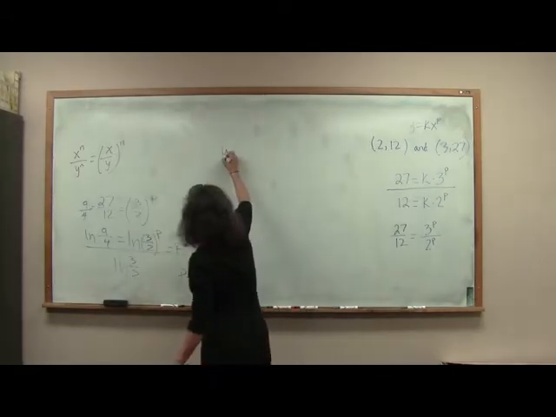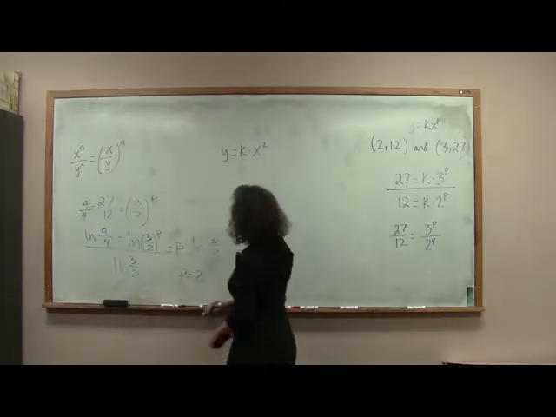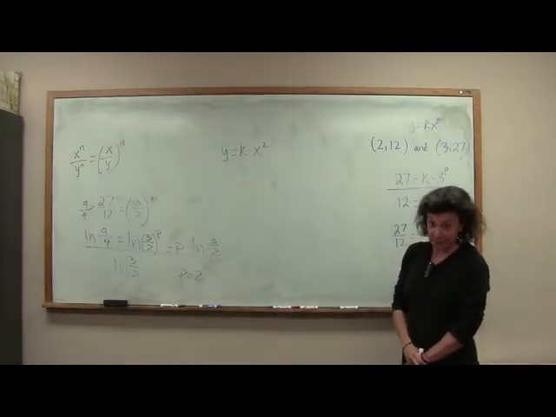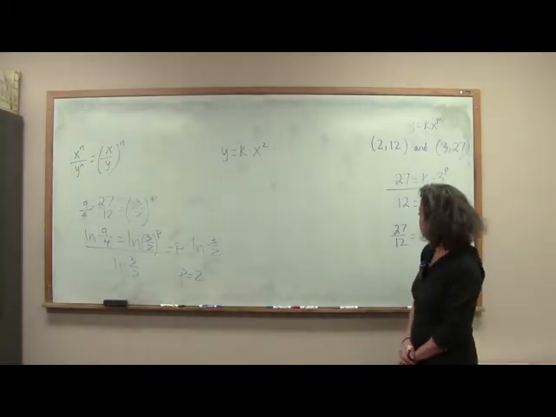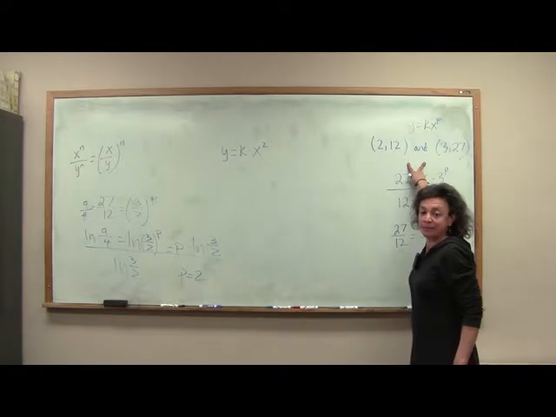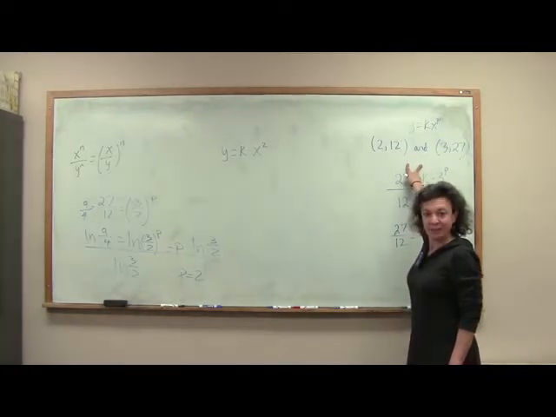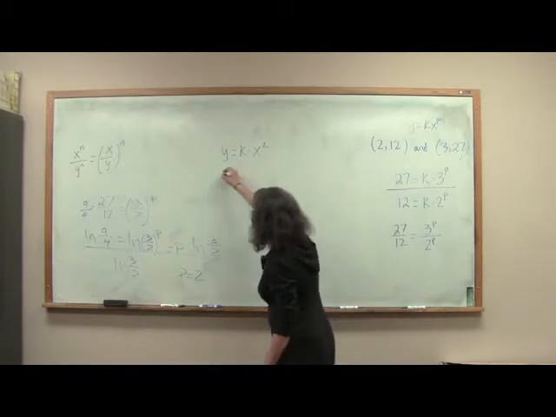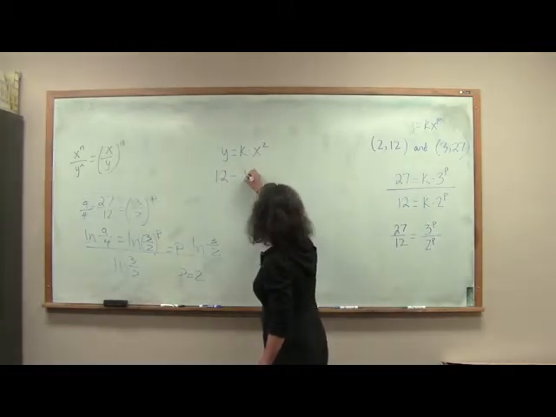So at this point, we know p is 2. We're not done though. We still have to find our value of k. How do you do that? Use either ordered pair. You remember doing this for our exponentials? Well, let's check it out. I have 12 is k times 2 squared.